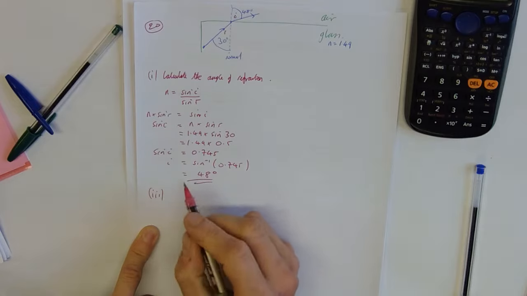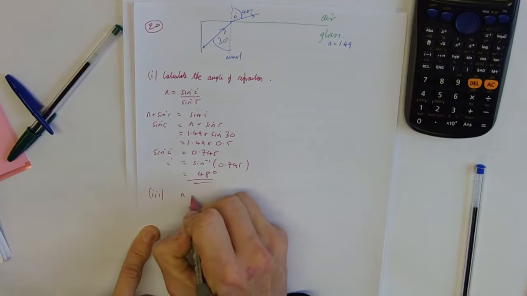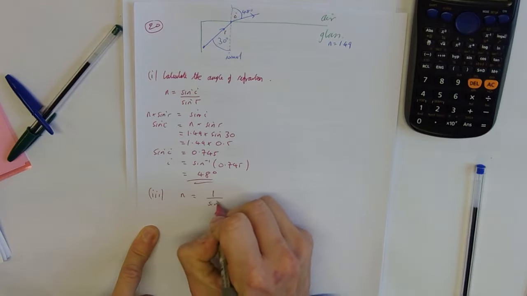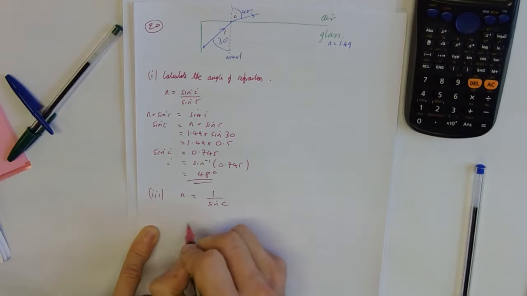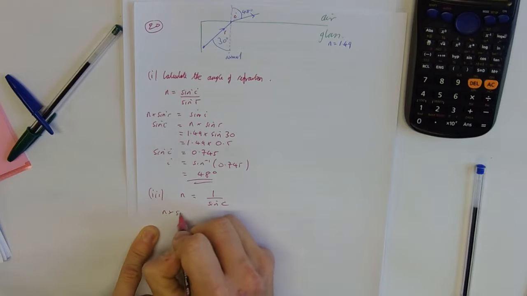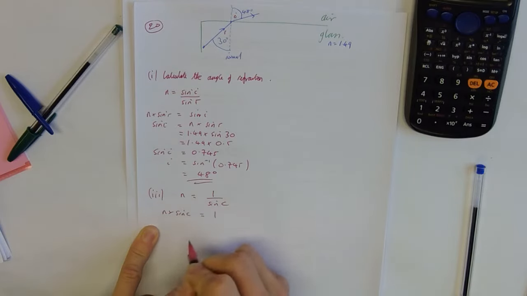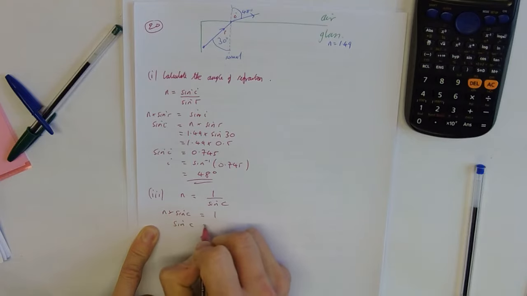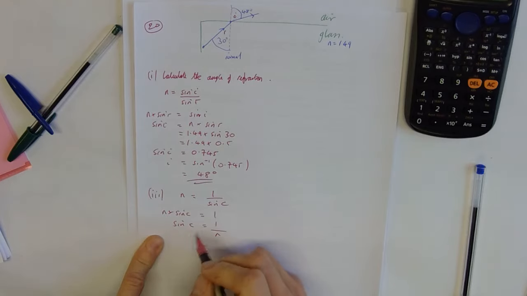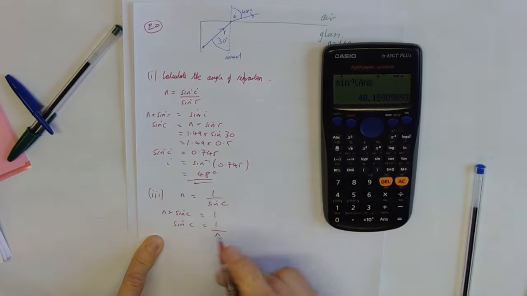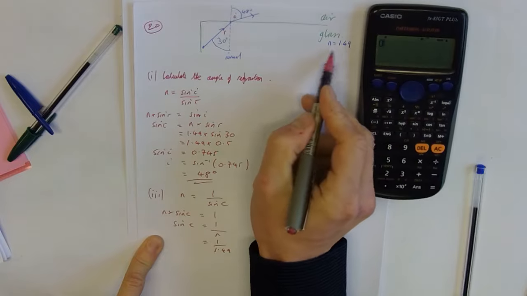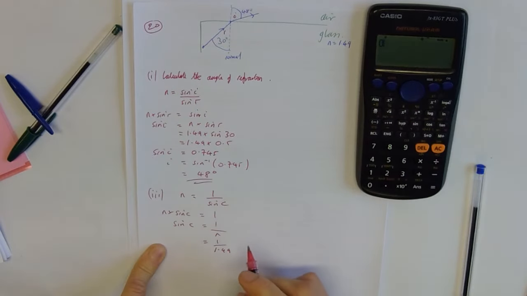Part 3. Calculate the critical angle. Well, we've got n equals 1 over sine c, and we're just going to rearrange that to find c. So n times sine c equals 1. Sine c equals 1 divided by n. So let's put that in. So equals 1 divided by 1.49, our refractive index.